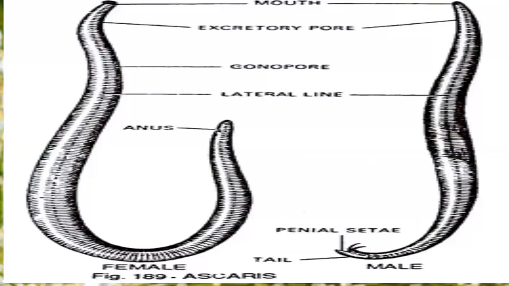Intestine is a part of the digestive system of human beings. The mouth opens into the stomach, and the stomach leads into the intestine. In men, there are two types of intestine, small intestine and the large intestine.